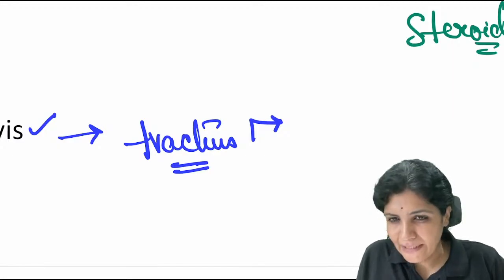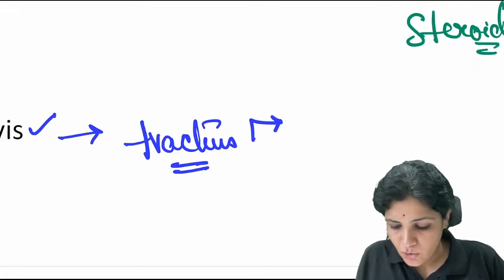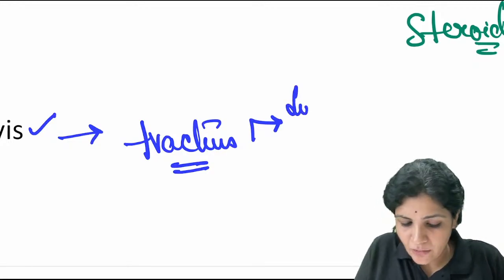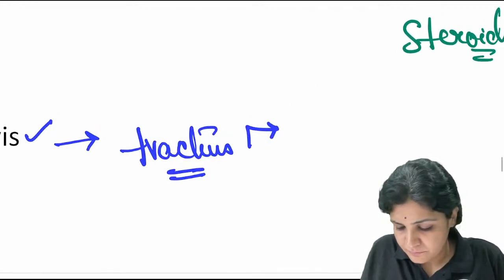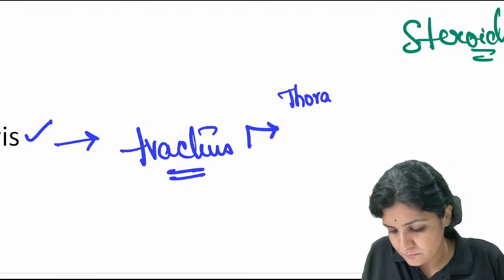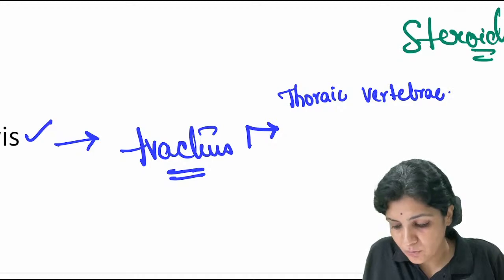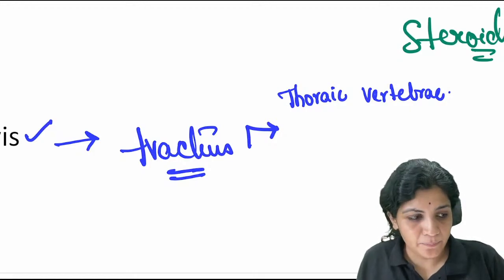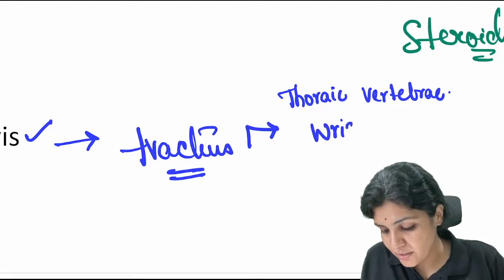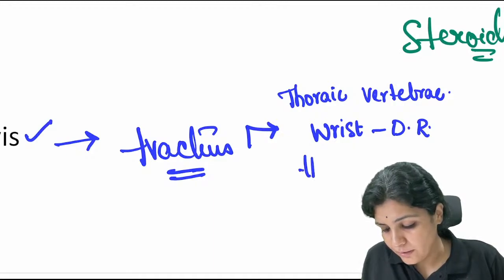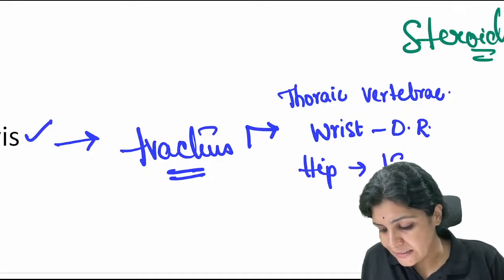Yes, fine is a very vague answer. You have to tell it is thoracic vertebra. So thoracic vertebrae are the areas where usually we see the fractures. Next, very good. The wrist joint, distal radius, and then your hip. That is your IC.